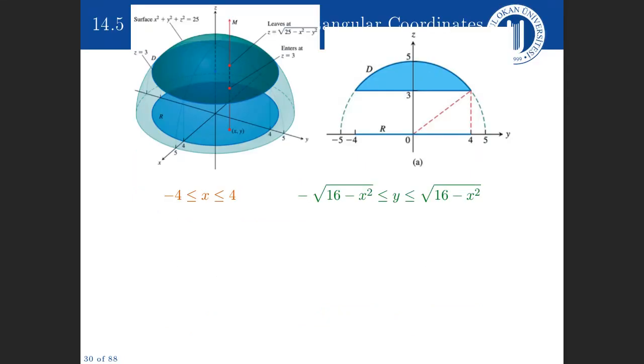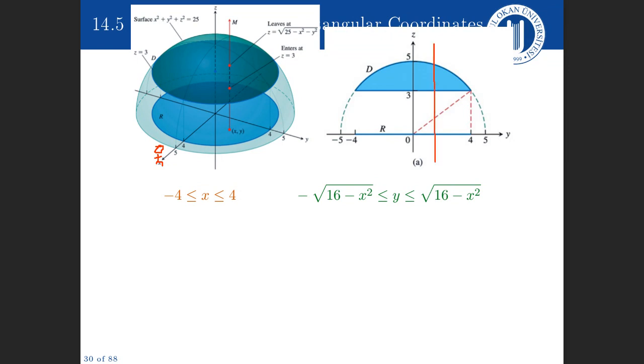This time I'm going to show you a sideways picture. Imagine that we're standing in three-dimensional space on the x axis. So imagine that this is a picture of you. You're standing just here, and you're looking at the region D. What are the z limits of integration?